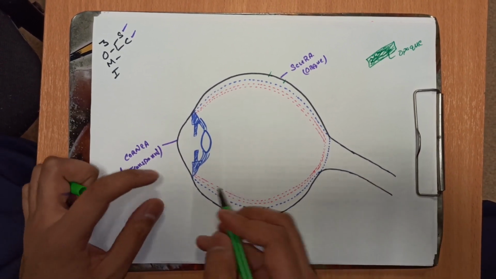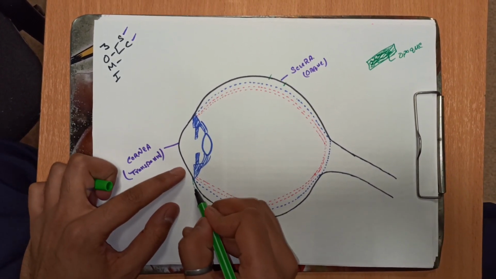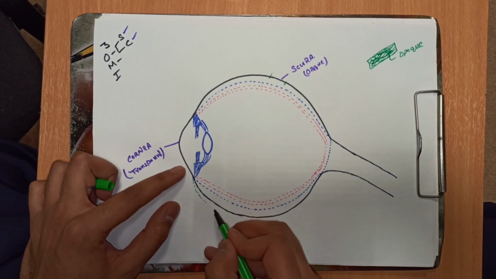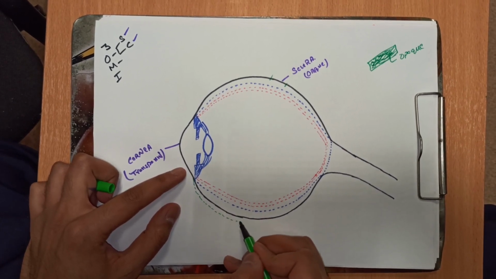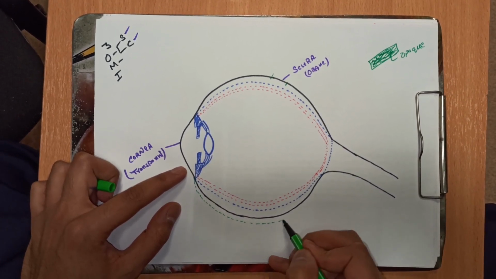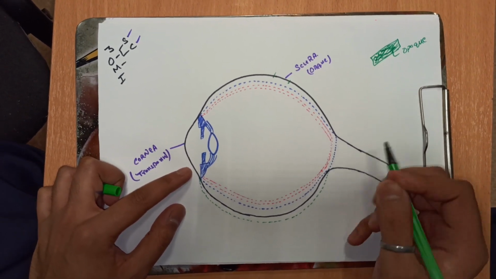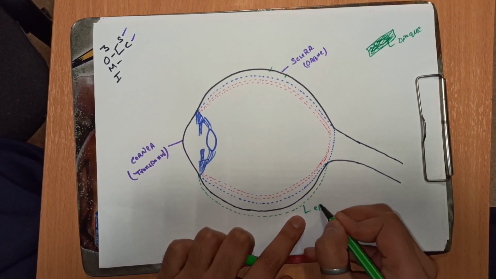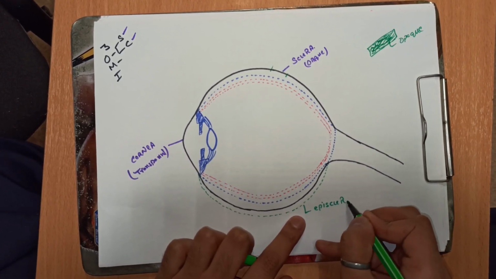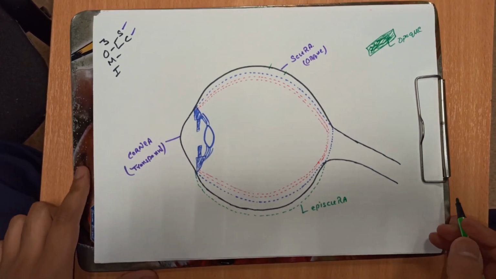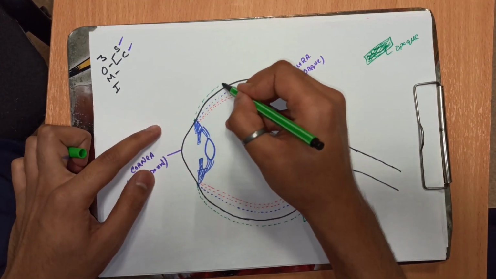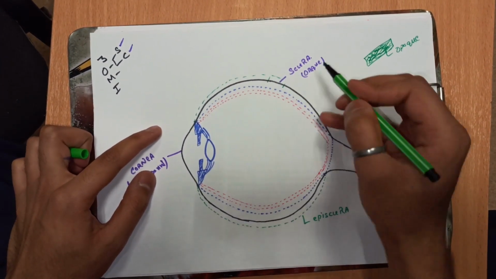Now further talking, there is a small layer outer to the sclera. This is called the episclera.